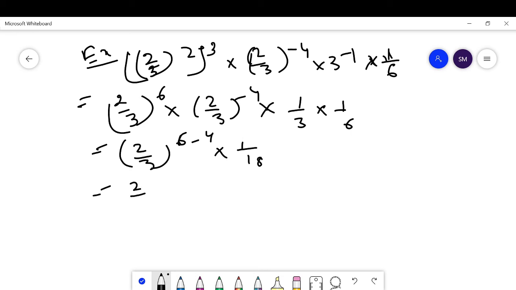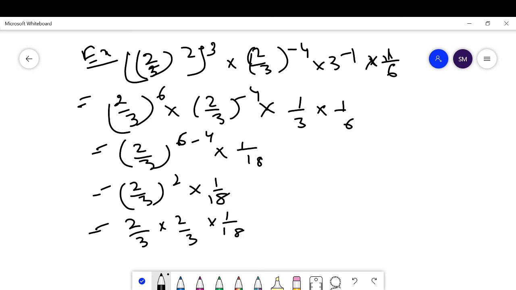Then this is (2/3)^2 into 1/18. (2/3)^2 means 2/3 into 2/3 into 1/18. Then 2 cancels with 18, giving 9. Here the numerator is 2, the denominator 3 3s are 9, 9 9s are 81. This is 2/81, the answer.